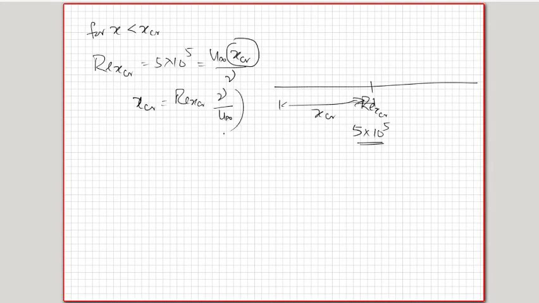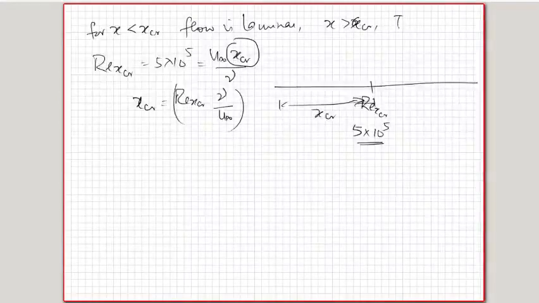For the given case where the ν and U∞ are known, you can calculate the x critical. So for x less than x critical, flow is laminar, and x greater than x critical, turbulent.